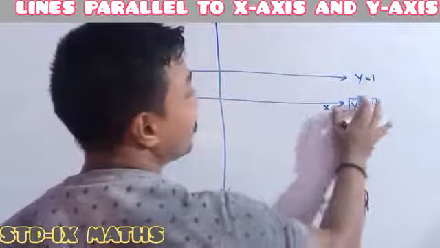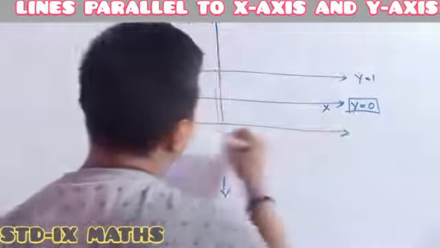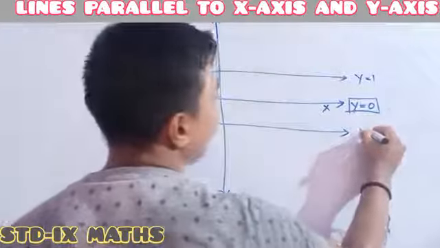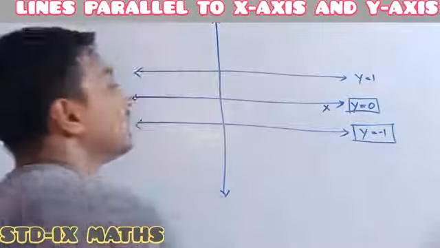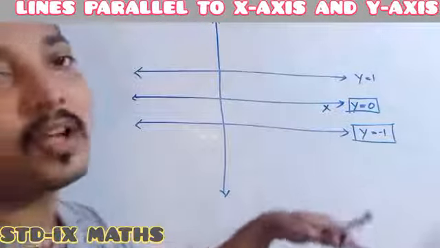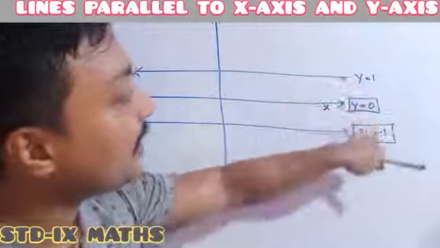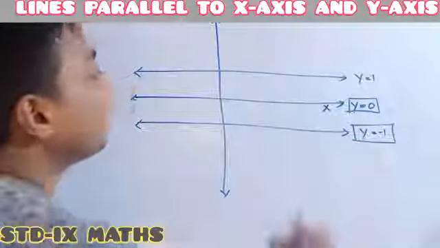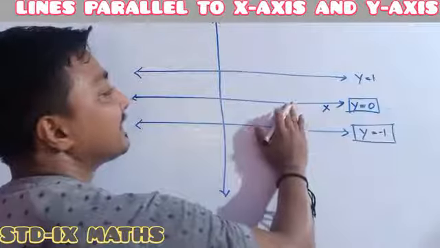Remember, y is equal to 0, y is equal to 1. On the lower side it is y is equal to minus 1. It means parallel to the x-axis at a distance of 1 unit towards the lower side. How to remember? y is equal to 0, y is equal to 1, y is equal to minus 1. Here y equal to constant means always think of it as the x-axis, otherwise parallel to the x-axis.